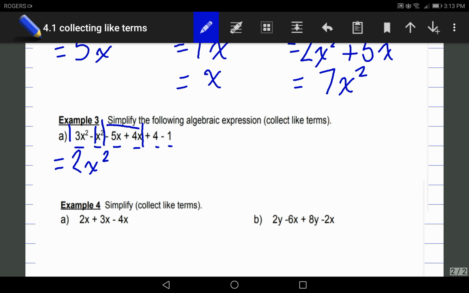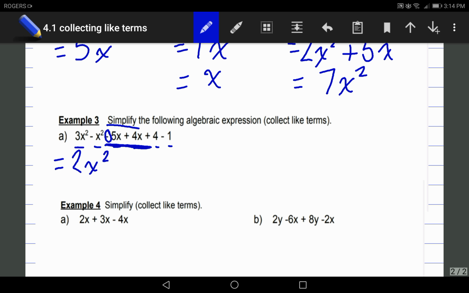Next, and I'm just going to erase what I have here to make it less busy so I can use it to explain. Next, I have, and you always take the sign that's in front, negative 5x plus 4x. That minus sign right there, minus and a negative mean the same thing. So when you're simplifying and collecting like terms, you always take the sign that's in front of your coefficient.